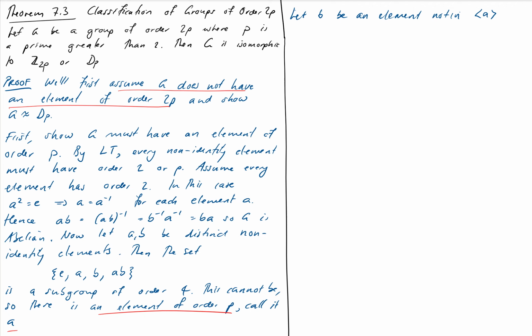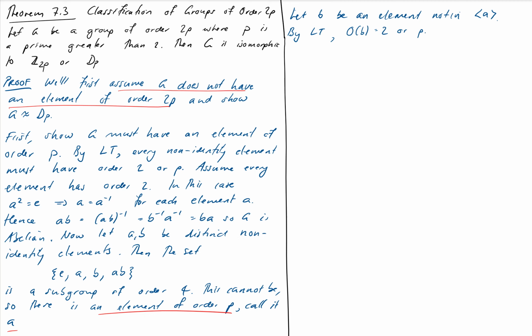So think of B as being a reflection, even though we haven't established that. So by Lagrange's theorem, the order of B equals 2 or P. Remember, it's not 2P because we assumed right at the start we don't have an element of order 2P.